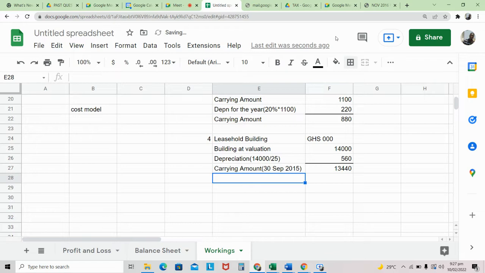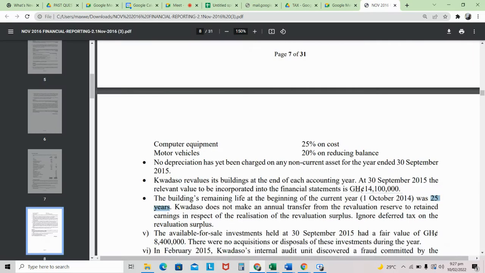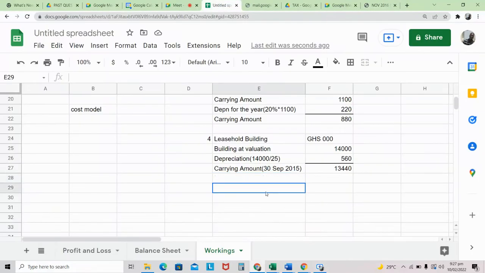But they did a revaluation, and they got 14,100,000. So the revalued amount is 14,100. You see the current amount should have been 13,440. But when they did a revaluation, they got 14,100. So it means there's a revaluation surplus.